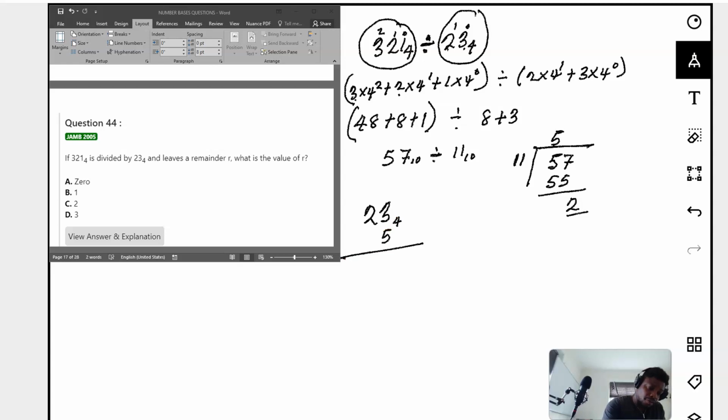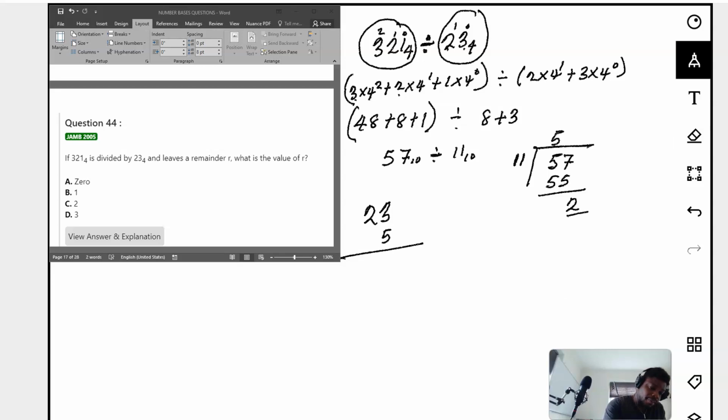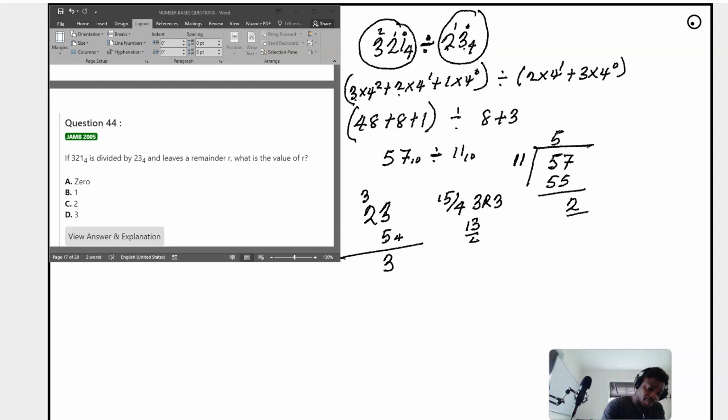Okay, it's in base 4, so we already know. So I don't have to write this here. So let me put base 4 here. So 5 times 3, that is 15. 15 is greater than 4. We divide. So that is 3, remainder 3, right? So I write 3 here and I put 3 here. 5 times 2, that is 10, plus 3, that is 13. 13 is greater than 4. We divide. This is 3, remainder 1.